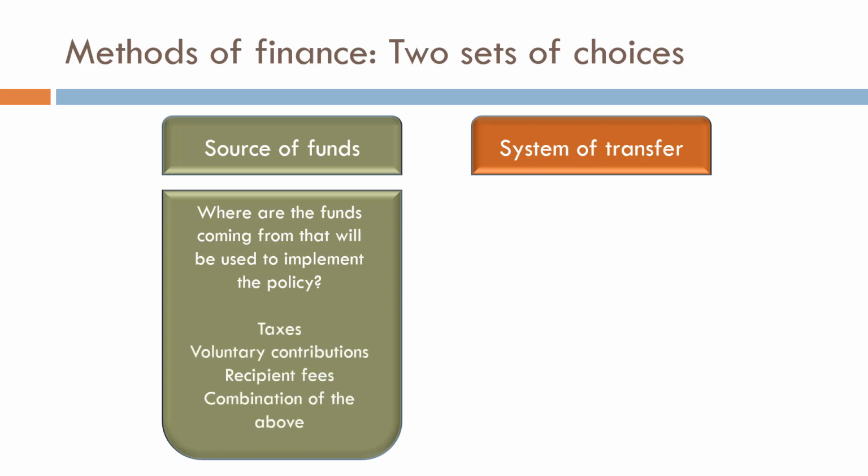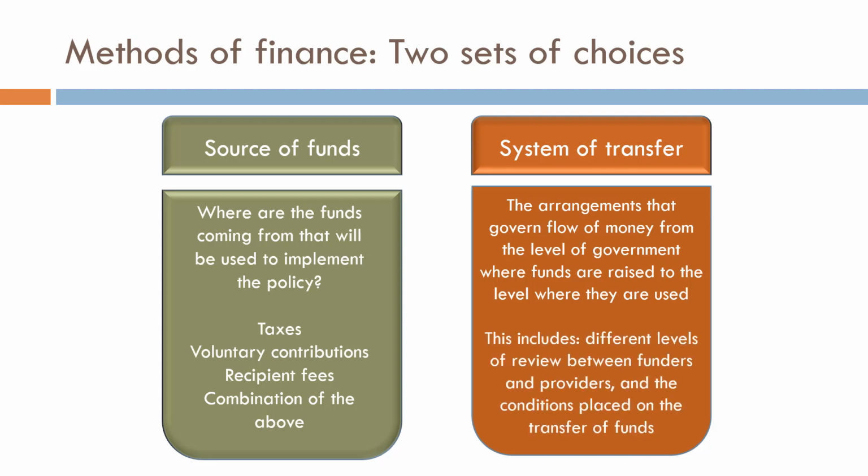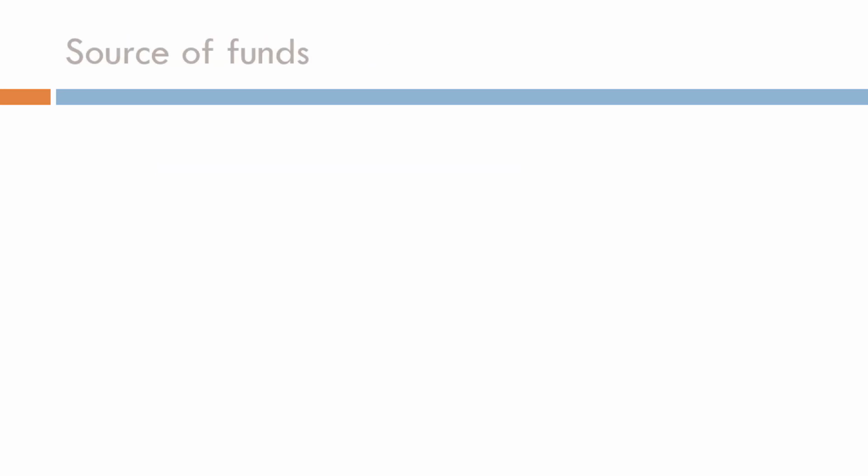And there are many different ways: taxes, voluntary contributions, charging people, or any combination of the above. When it comes to system of transfer, this has to do with the arrangements that govern the flow of that money from the level of the government that raised the funds to the level that they're being used at. So this includes not only the different levels of review between funders and providers, but also the conditions that are placed on the transfer of those funds. In this video, we're going to focus on the source of funds.